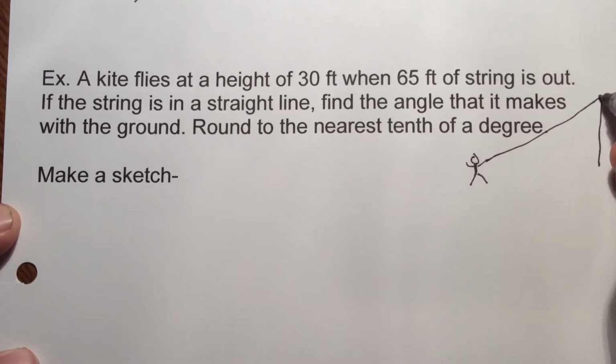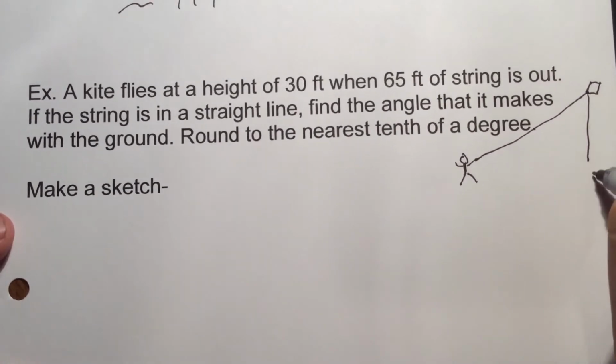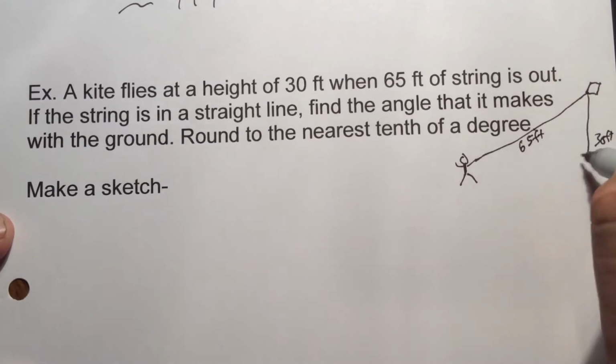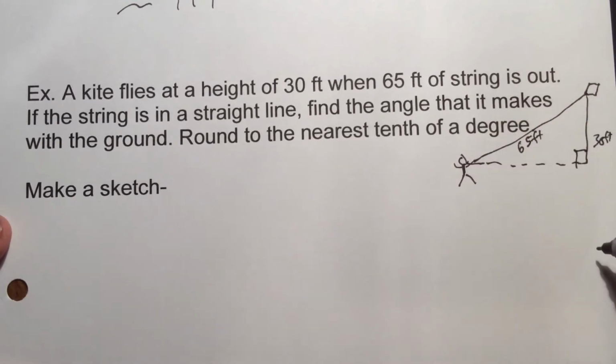So at this point, there's our kite. So at this point, if we follow this straight down, we're going to be 30 feet in the air. This here is going to be 65 feet worth of string. So if we connect this back up, make our right angle, we can then find what it is with ground.